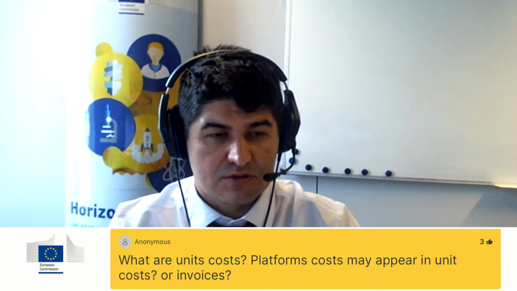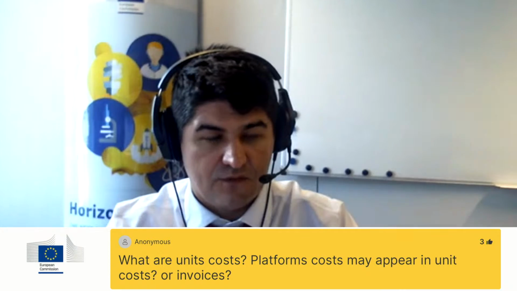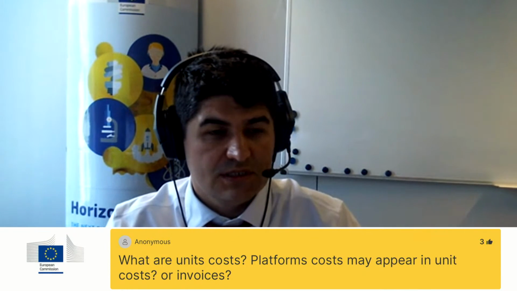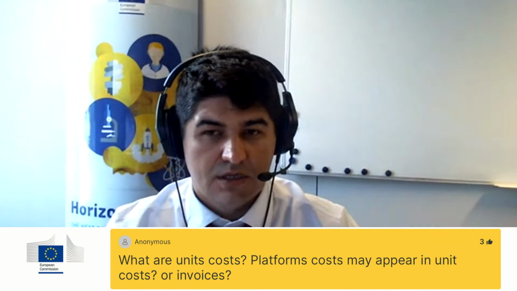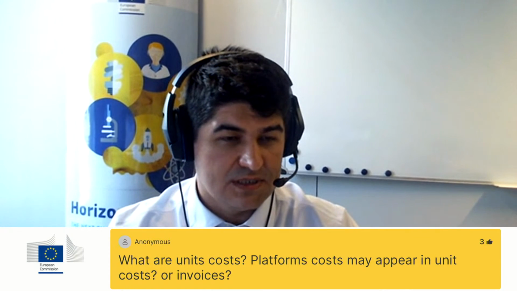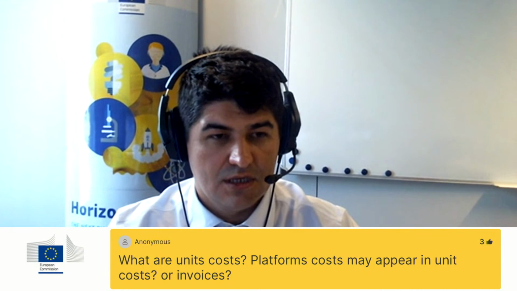To calculate this unit cost per platform, you will use the eligible actual cost of the platform and the total number of units used for that platform. And I can also think of, for example, the large research infrastructures, which may use a unit cost calculation in addition to the internal invoices.